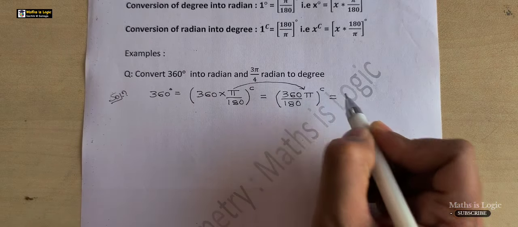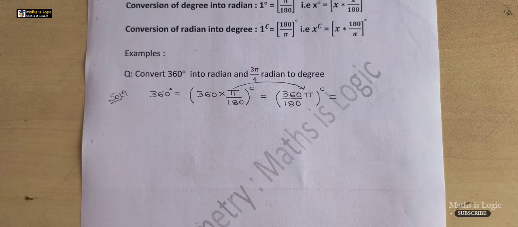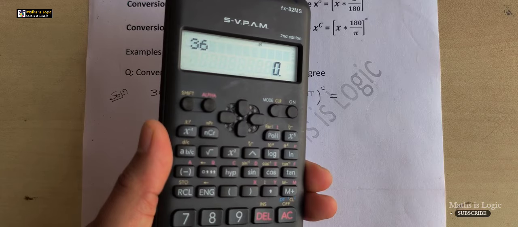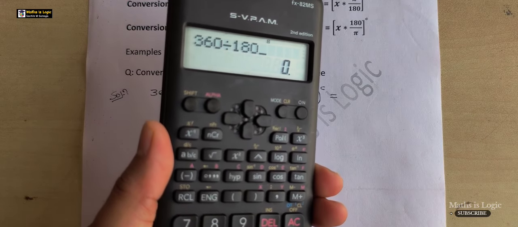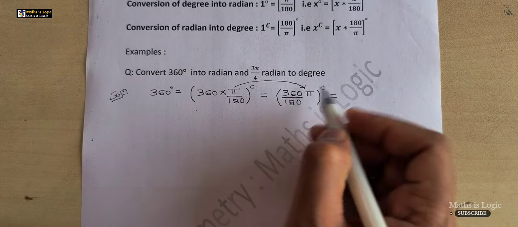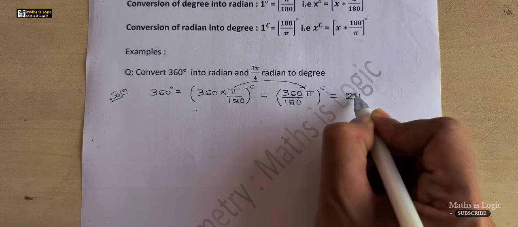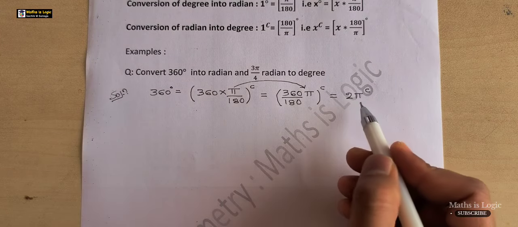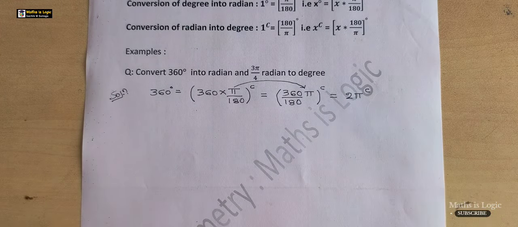Now directly use the calculator. 360 divided by 180. So what is the answer? 2. Therefore it is 2 pi radian. Remember, 360 degree is nothing but 2 pi radian.